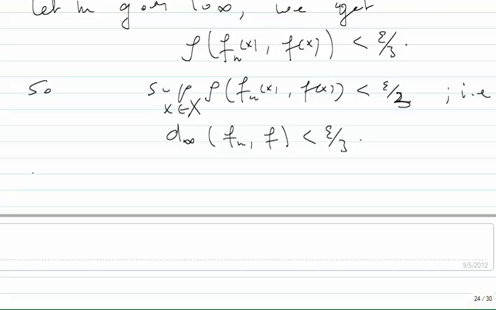So right there we can see that f is bounded. This clearly implies f is bounded. It's just because you can use the triangle inequality and the boundedness of Fn with this inequality to show that f is bounded.